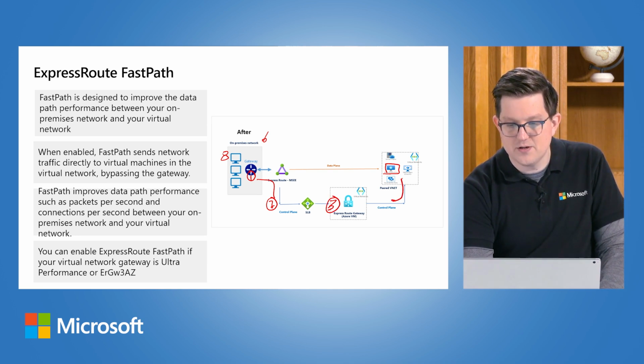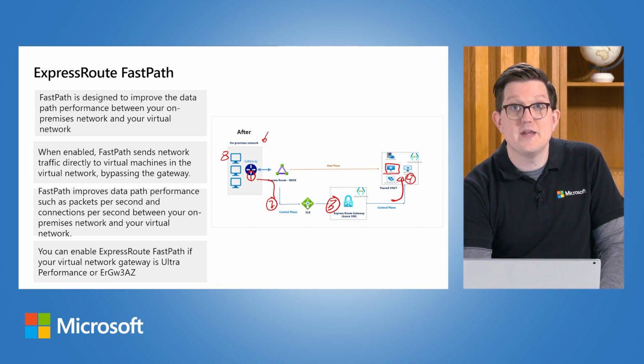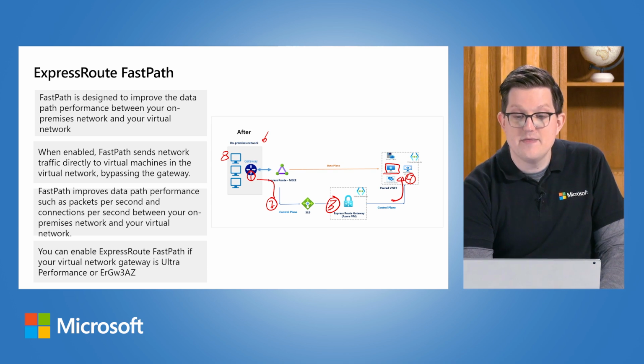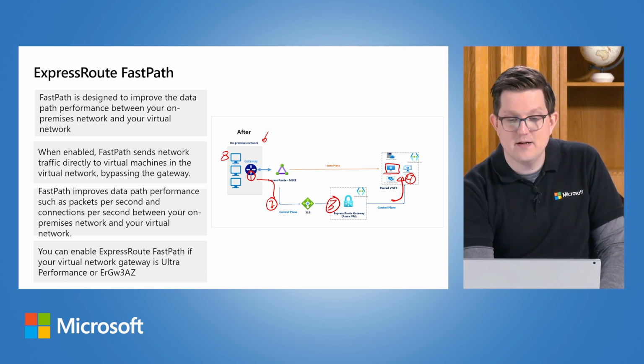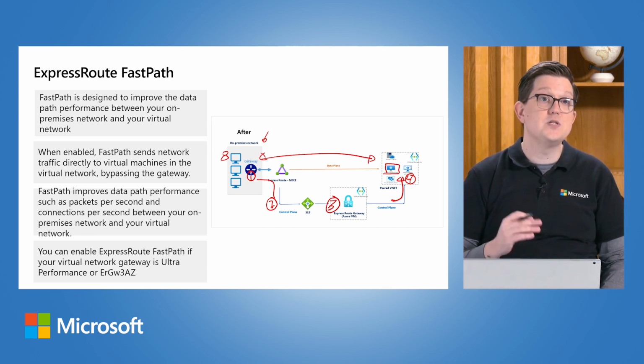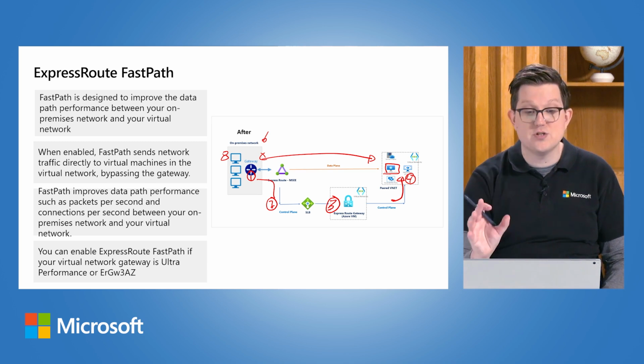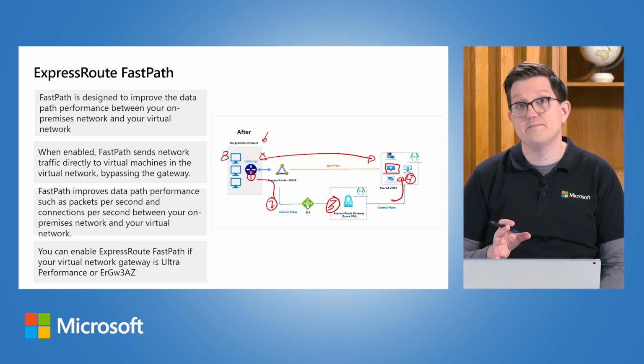This then allows it to go 4, and establish across to the VM. But the next step that gets done, that information gets passed back, and any future connections across this immediately go straight across the data plane. We're talking a direct connection straight to that virtual machine.